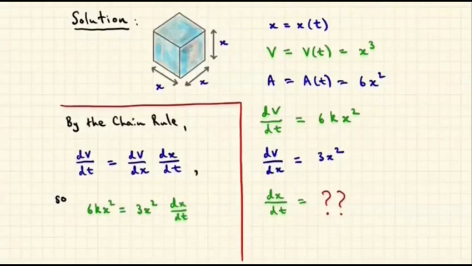So dividing through gives dx/dt equals 6kx² divided by 3x², which simplifies to 2k.